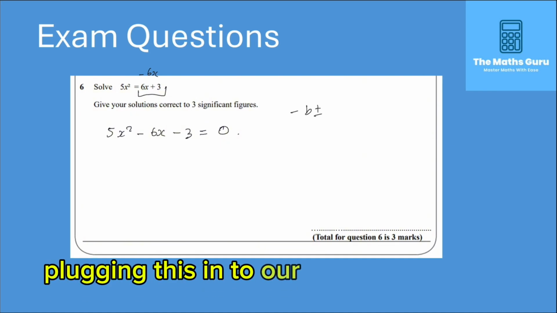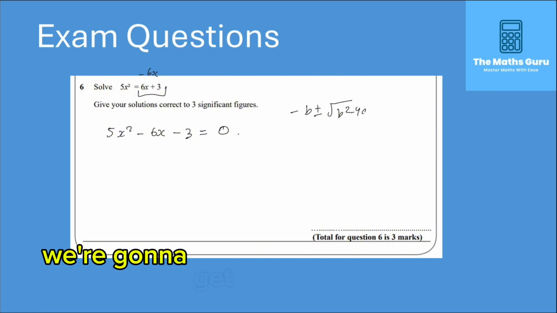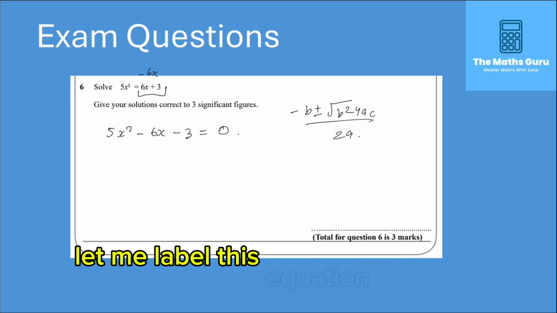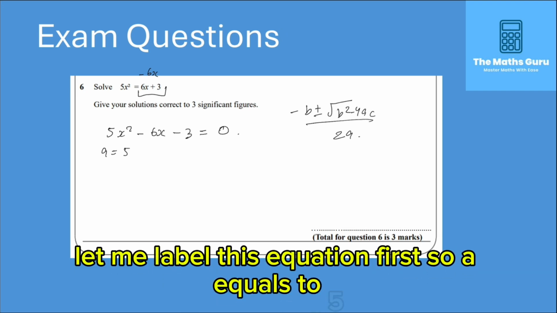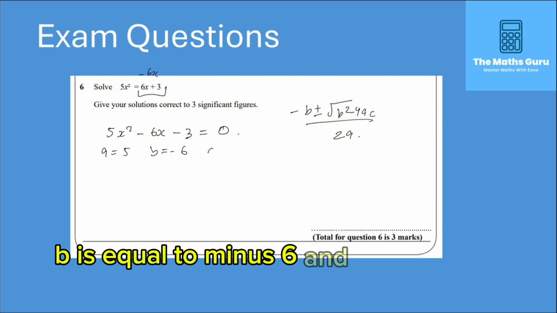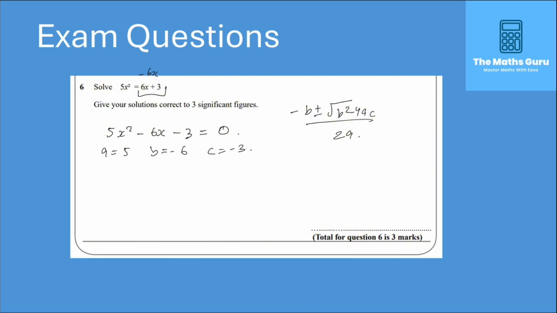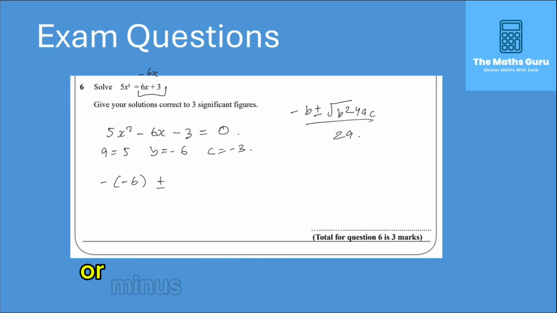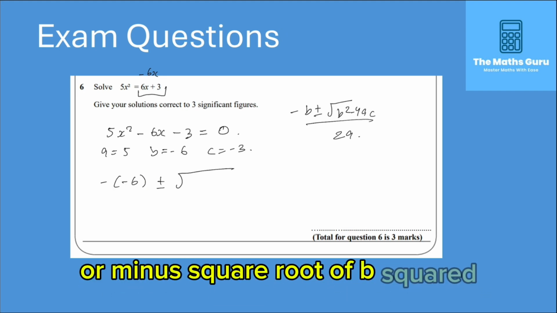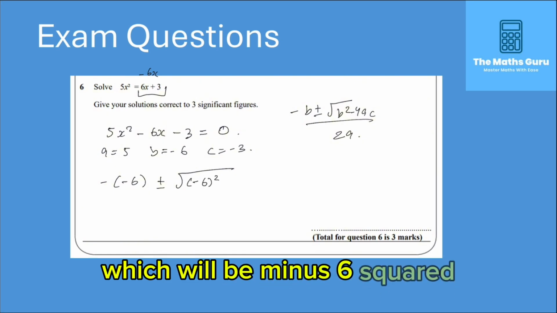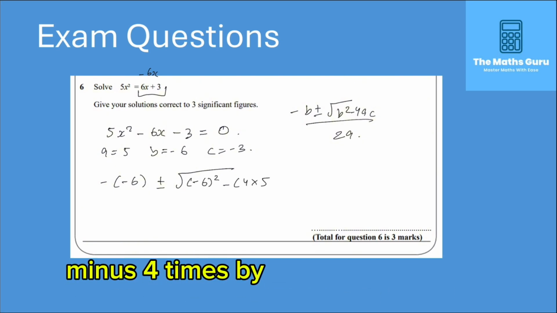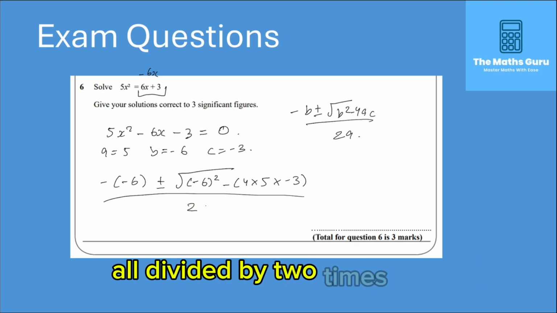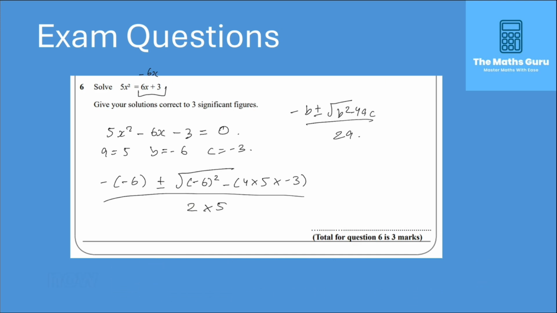Plugging this into our quadratic formula, we're going to get something which looks like this. Actually, let me label this equation first. So a equals 5, b is equal to minus 6, and c is equal to minus 3. Now minus b will be minus of minus 6 plus or minus the square root of b squared, which will be minus 6 squared, minus 4 times 5 times minus 3, all divided by 2 times 5.